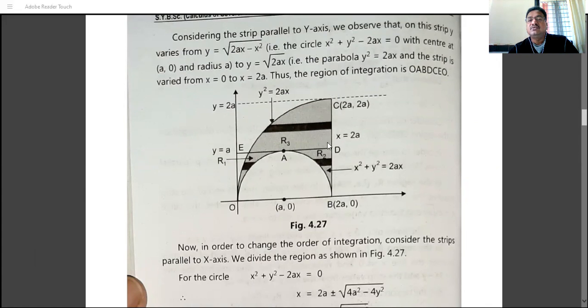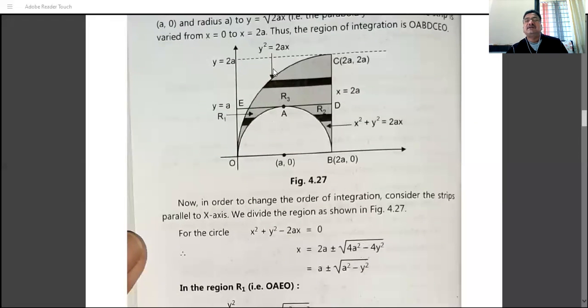And then draw a parabola passing through this point. So this is the figure of the parabola y square is equal to 2ax. So draw this diagram first.